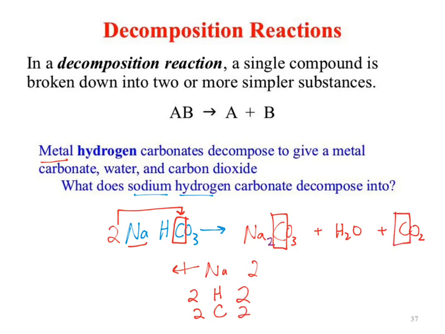Is the carbon balanced? Oxygen. Sorry, it's kind of crowded. There's 3, but 2 of those, I get 6 oxygens. Oxygens on the right: 3 plus 1 plus 2 gets me 6. Is it balanced now? Yes.